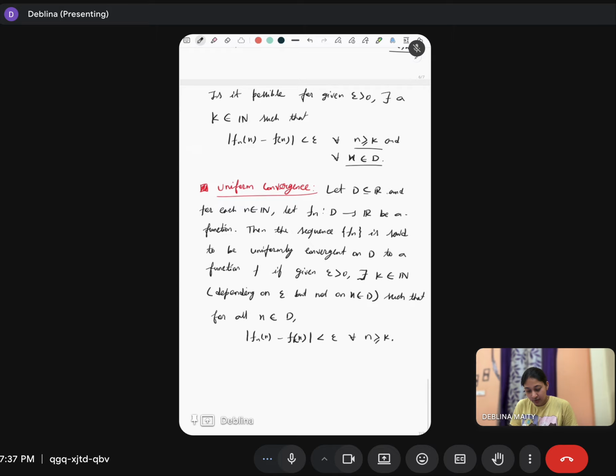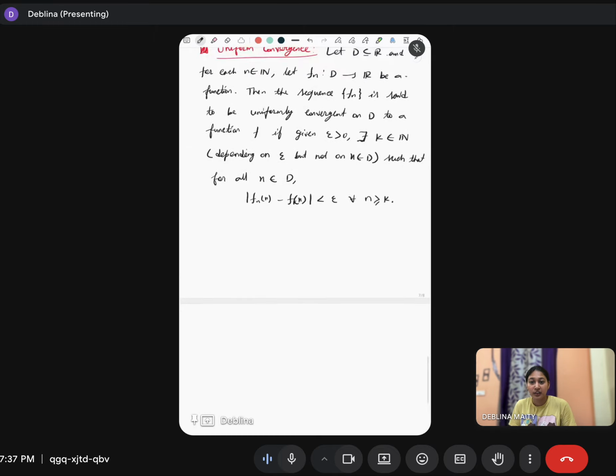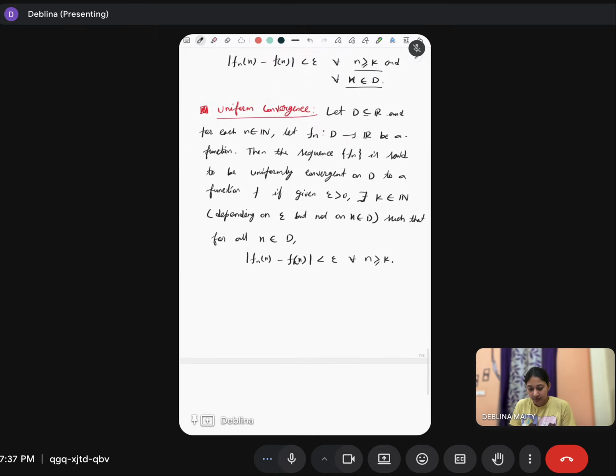So this is the same as uniform continuity. The sequence of functions fn is said to converge uniformly to a function f if, given epsilon greater than 0, there exists a natural number k which depends only upon epsilon, such that for all x this happens. That's why it is uniform.